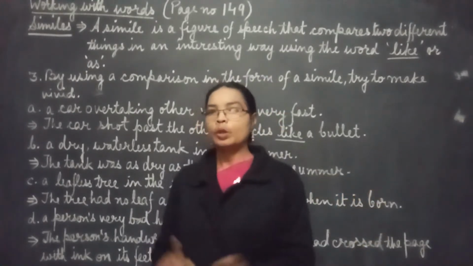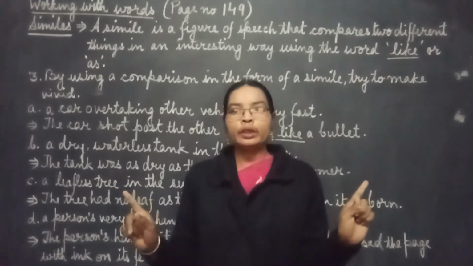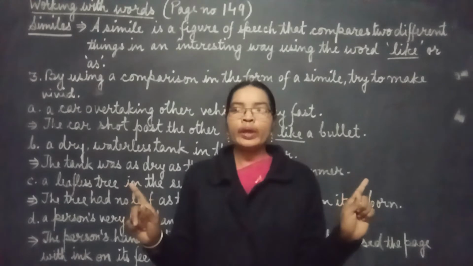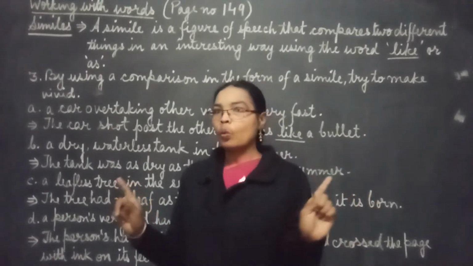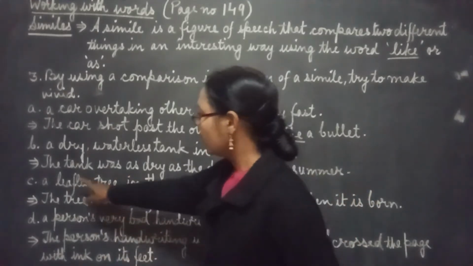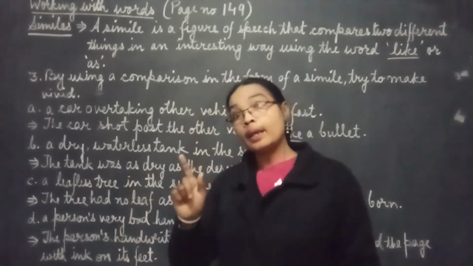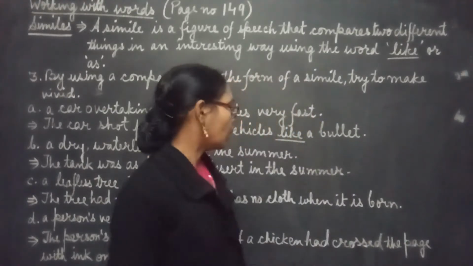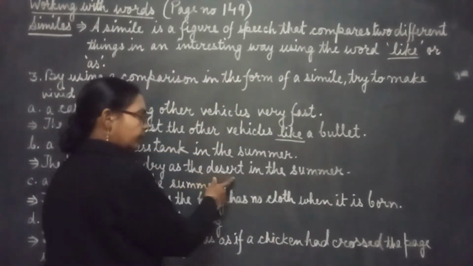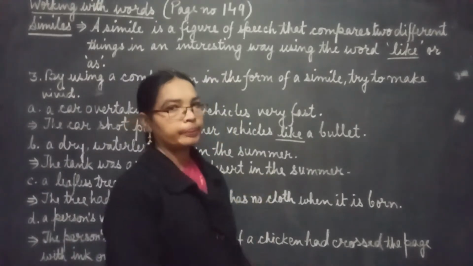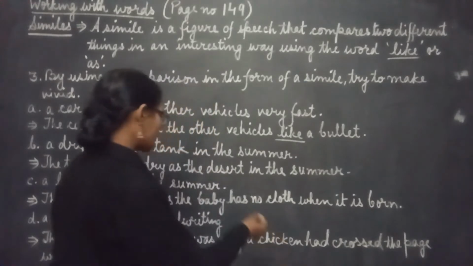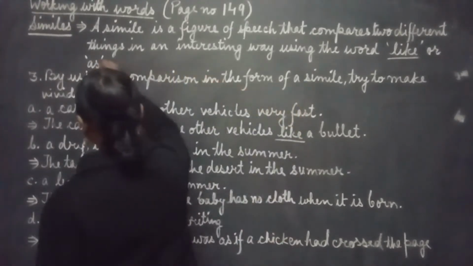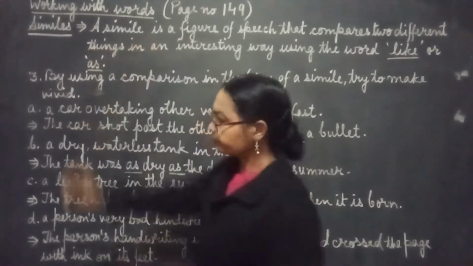Summer season. Are both the same? No, it is completely different. So how have we done our work? What sentence did we get? The tank was as dry as the desert in the summer. So here the word as we got.